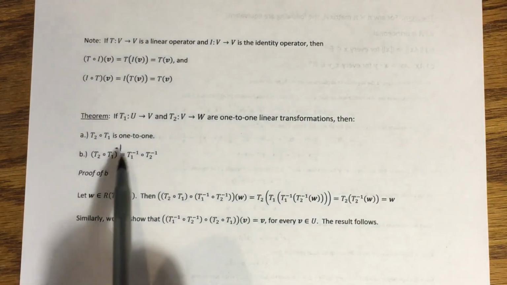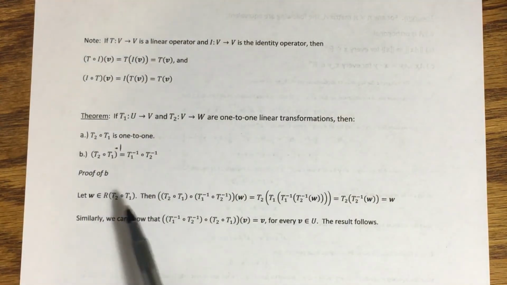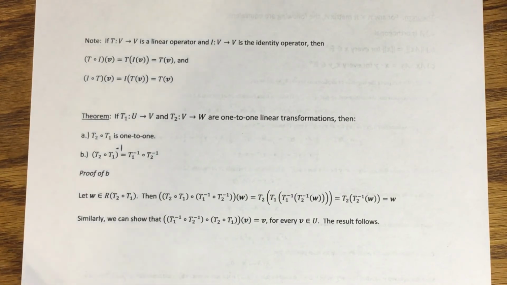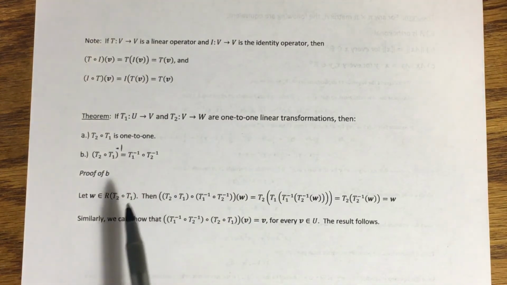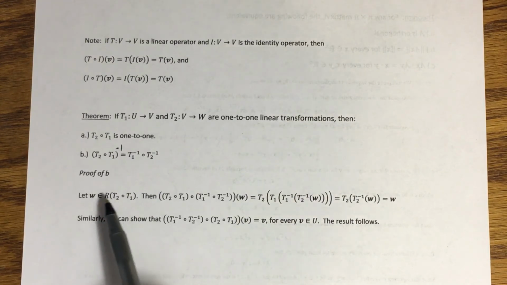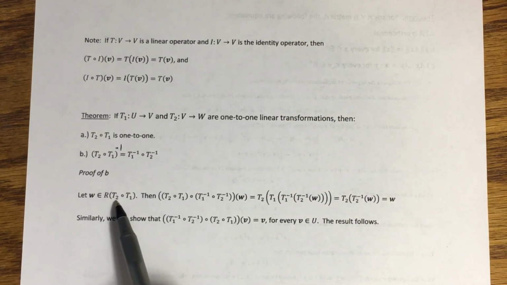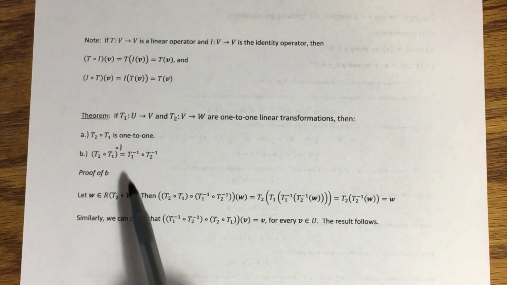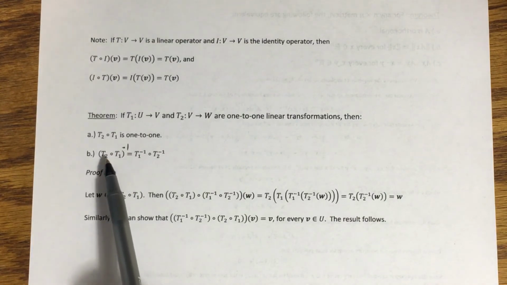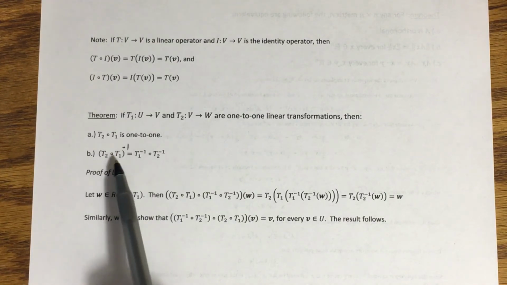So I'm not going to prove that it's one-to-one, like I said, but I will prove the second part, that the inverse of this composition looks the way that it does. My proof is much more concise than what the book does, but it works just as well. So what I'm going to say is, let's let W be any vector in the range of the composition of T2 with T1. Remember, the range of this linear transformation should act as the domain of this linear transformation here.